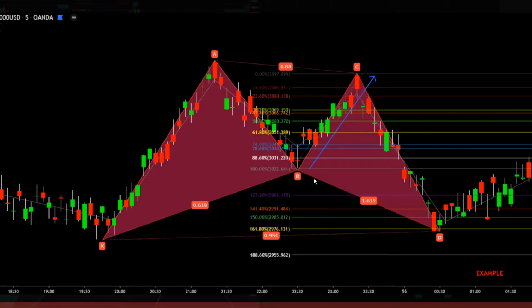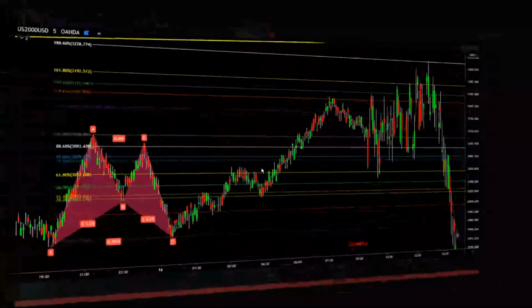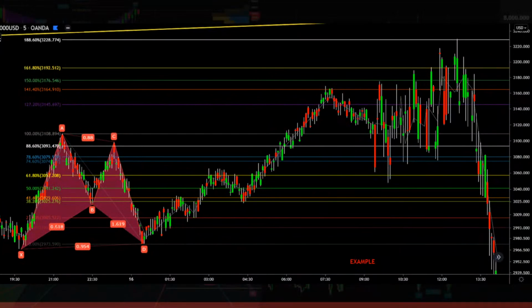Now, this is just completely an example, of course, but we can see, as a result of it coming from its D point, it goes up to its 161.8 and then reverses all the way back down. In this case, the 188. And that's something that you will see that is extraordinarily common. Now, when it did this, it actually made a B point out of the A as well.